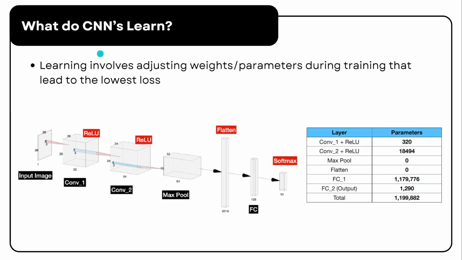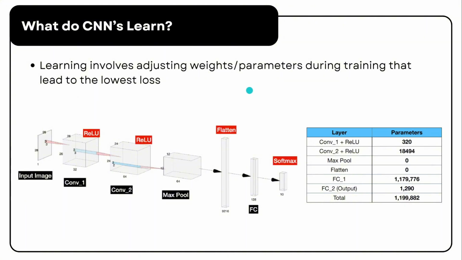So, what do CNNs actually learn? Well, as we've discussed before, learning in a neural network involves adjusting weights and parameters during training to minimize the loss.